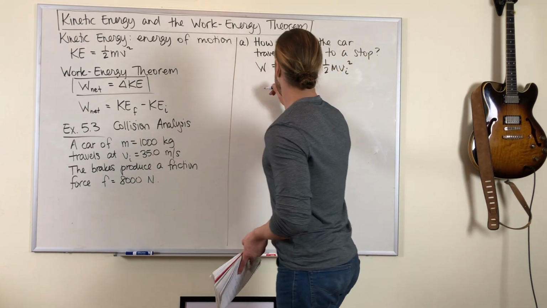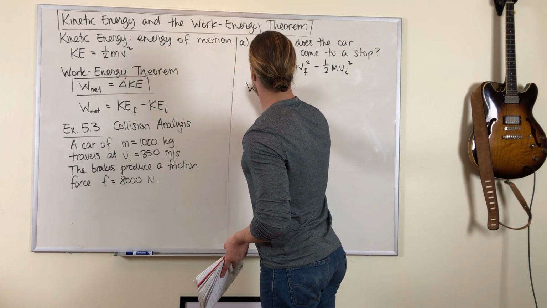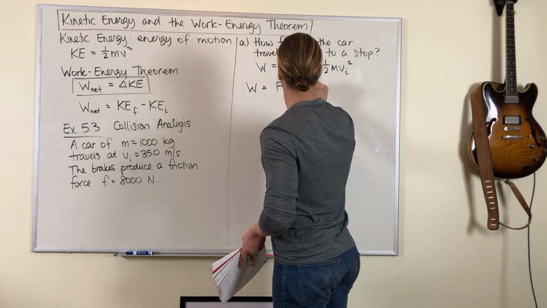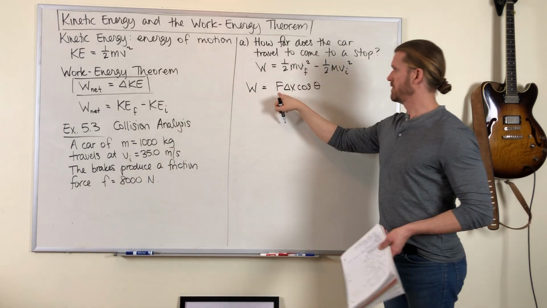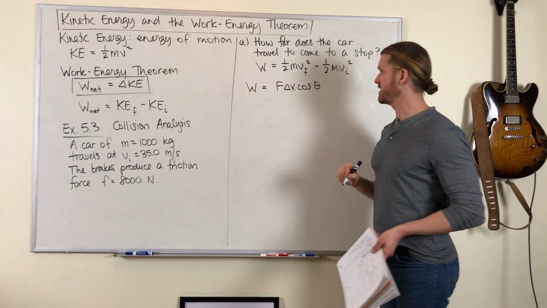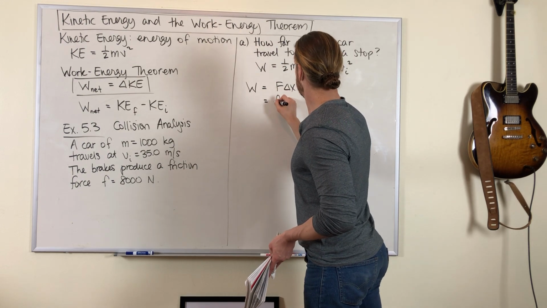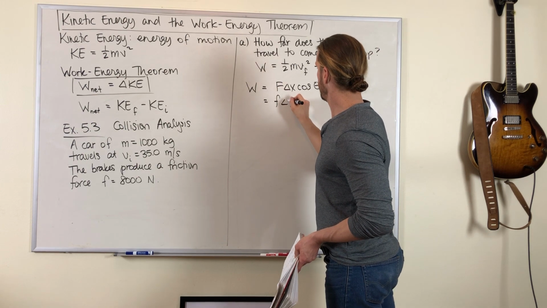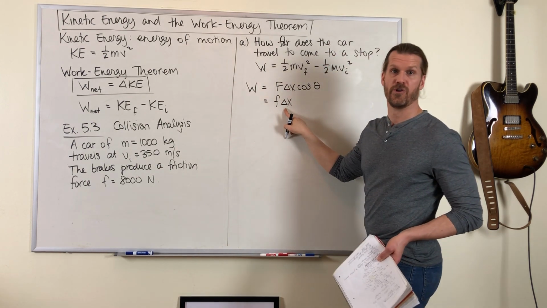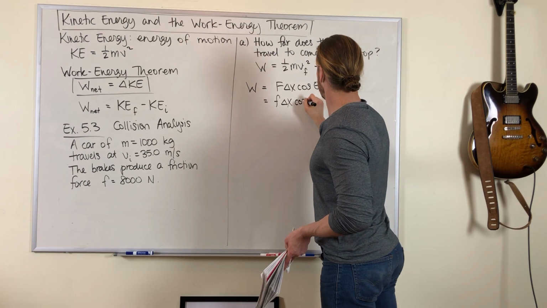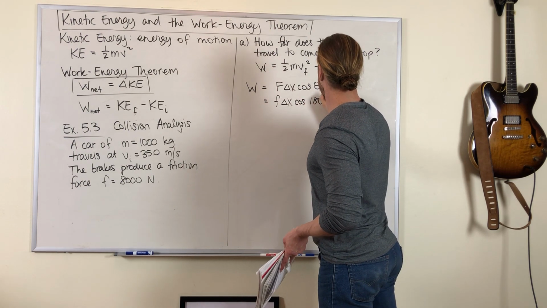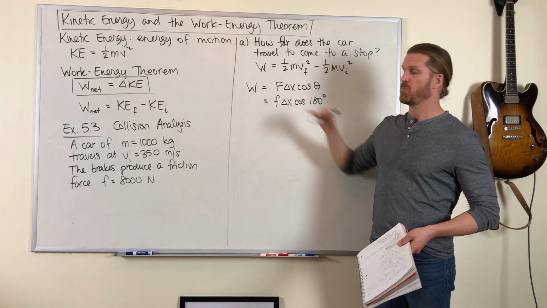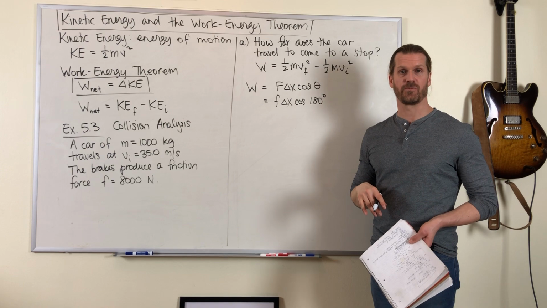So the work done on the car, F delta x cosine theta, is going to be that friction force, lowercase f, times the distance traveled, this is our unknown in the problem, times cosine of 180 degrees, because friction forces point in the opposite direction of the displacement.